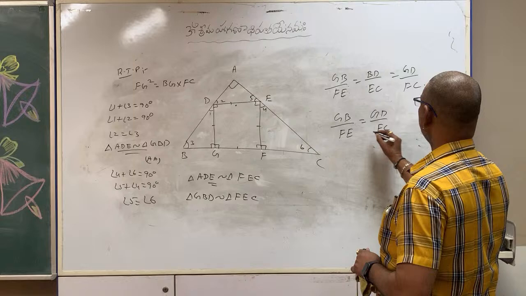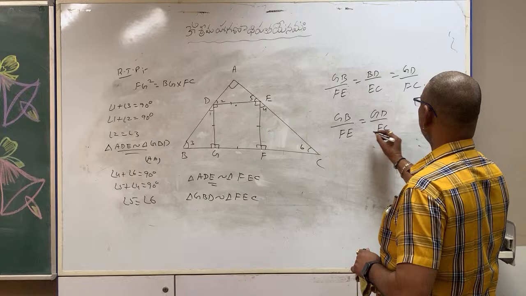ADE, it should be the same. ADE is similar to GBD, ADE is similar to FEC. Then only GBD is similar to FEC. Then you can write the ratio. GD is nothing but FG because it is a square. FE is nothing but FG.